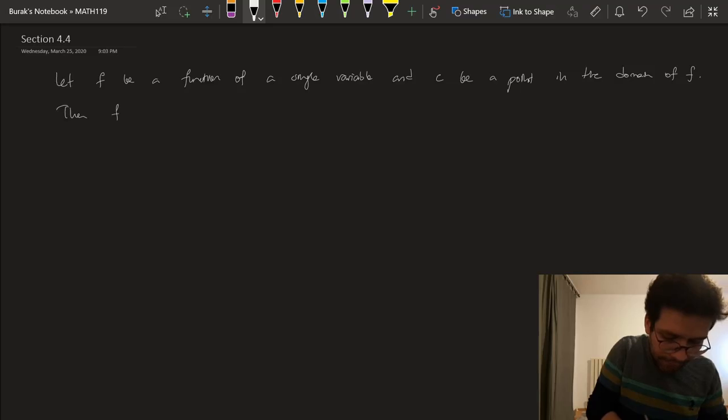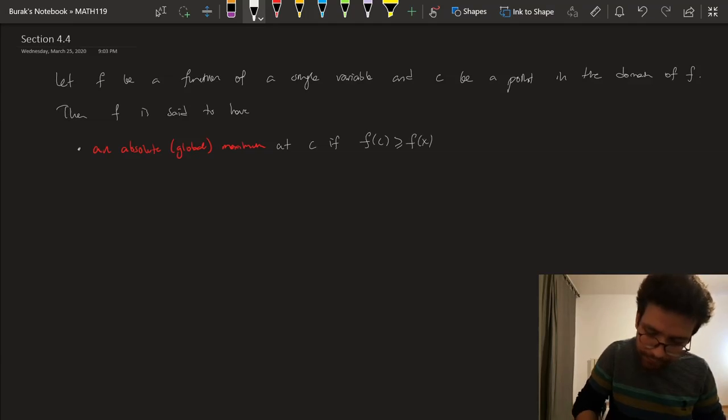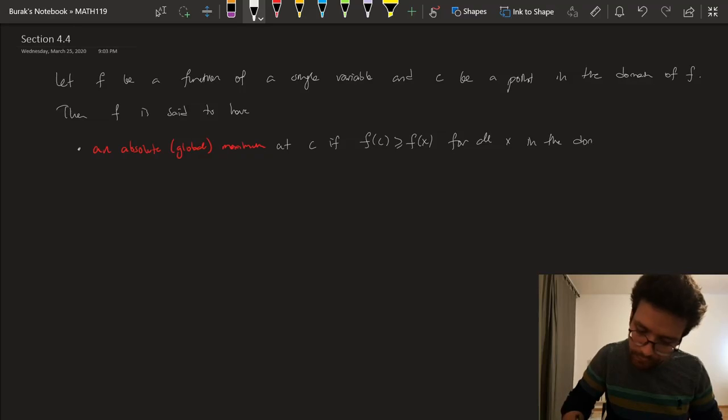Then f is said to have an absolute maximum, or sometimes people say global maximum, at c if f of c is greater than or equal to f of x for all x in the domain of f.